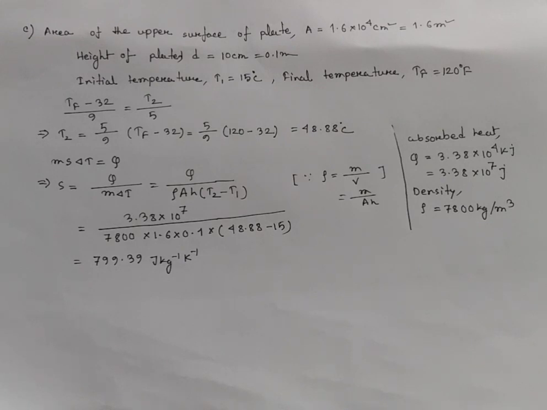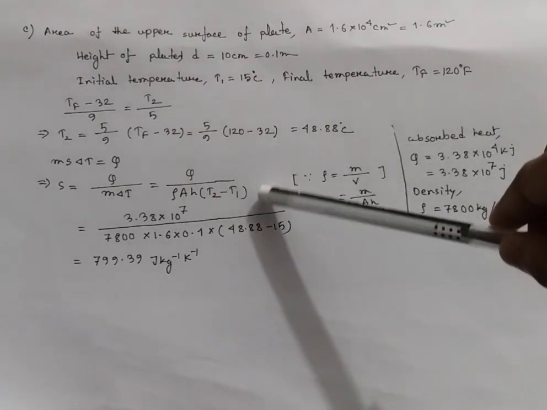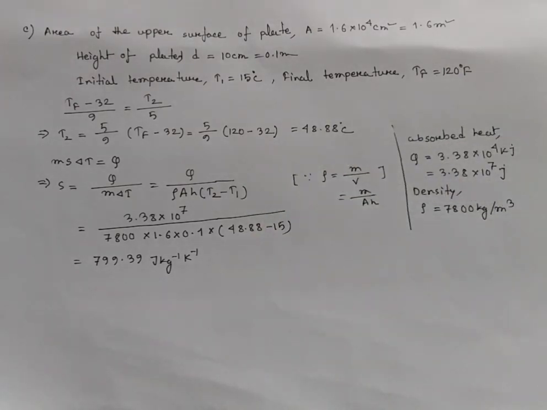So putting this relation into our desired equation, we will just have the value of specific heat capacity unknown, because the density of the plate material is given as 7800 kg per meter cube, and at the same time the absorbed heat is also given, 3.38 into 10 to the power 4 kilojoule.